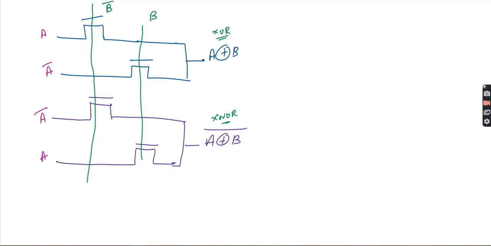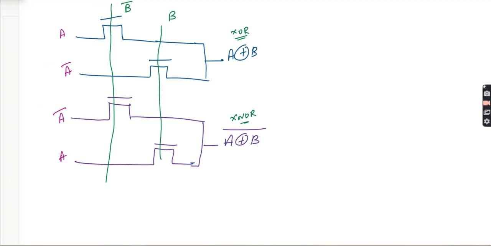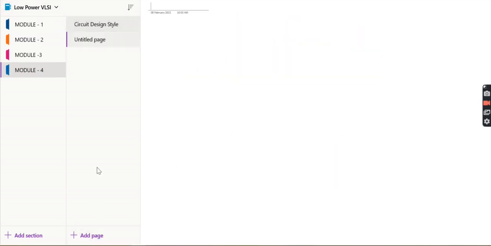It gives the complementary output, so like here, it doesn't require the inverter in the output logic. This is about the non-clocked logic. Okay.